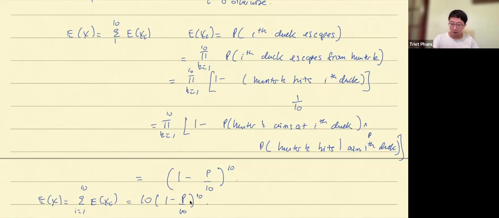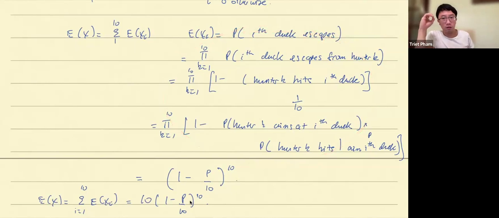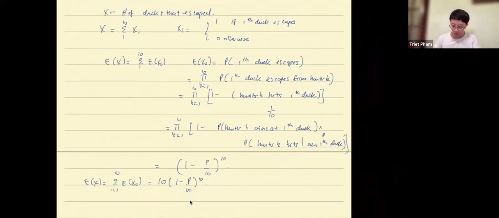I think this part right here, analyzing the action of the hunter, is the crux, probably summing over the birds as well, summing over the ducks as well. But that's that. Any question?